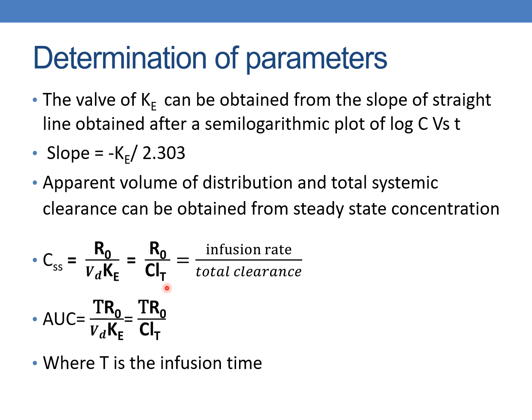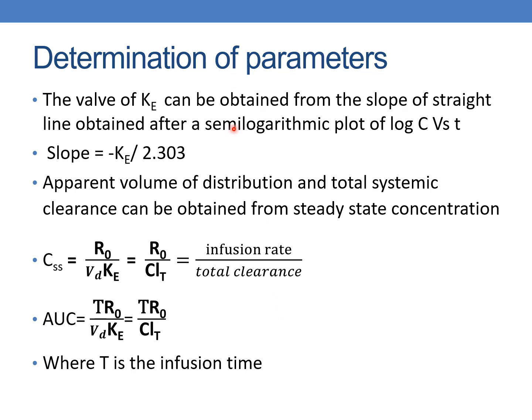And non-compartmental models. Using the non-compartmental model also, based on area under the curve, we can determine the parameters. AUC is equal to T into R0 by Vd into Ke, where T is the infusion time. Similarly, total clearance can be calculated by T into R0 by total clearance.